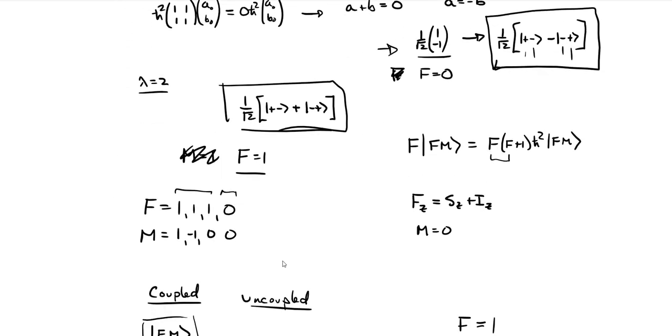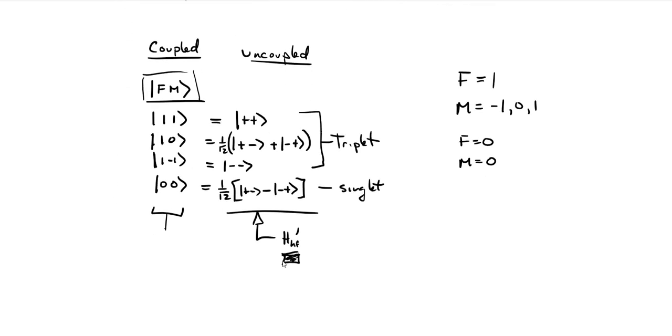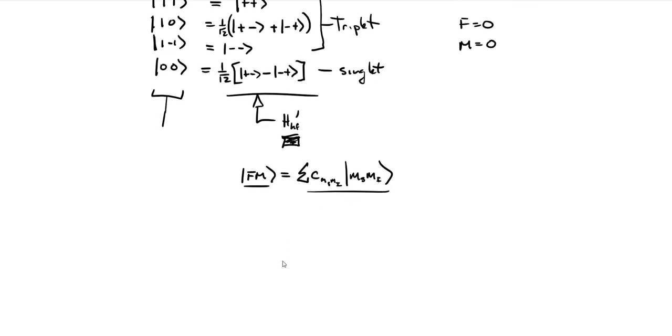What we've done is essentially we've taken our coupled basis and we've determined our F, M states, and we know that we can write any state as a linear combination of basis states from any basis. So we have figured out these coefficients, C, with M_S, M_I. We can write these states as a linear combination of basis states in our uncoupled basis.